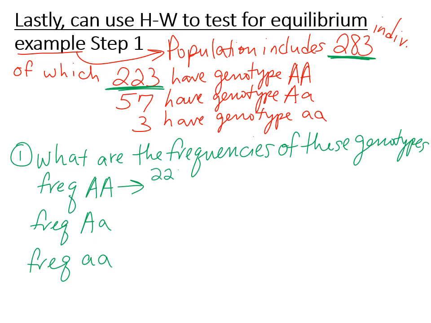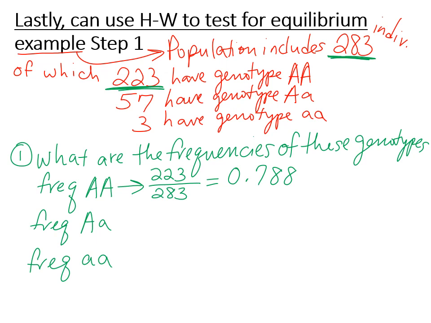And what did we say before about out of in math? 223 out of 283. Whenever you hear out of, you do division. So all you do is 223 divided by the total. That gives you the frequency, which is equal to 0.788. You can write in your notes that you are dividing that genotype by the total number of organisms.